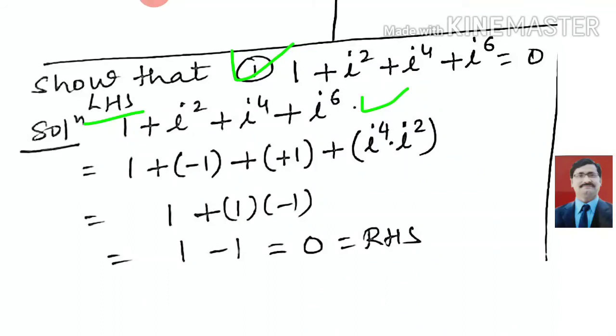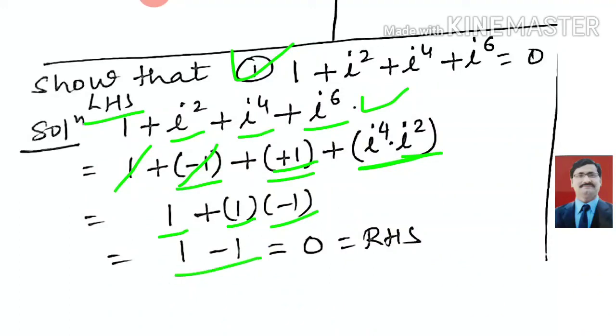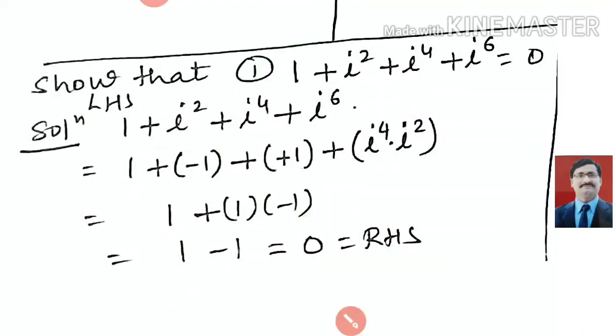Iota power 2 we write as minus 1, iota power 4 as plus 1, and iota power 6 we split as iota power 4 into iota power 2. The 1 and minus 1 cancel, and you get 1 as it is. Iota power 4 is 1 and iota power 2 is minus 1, so 1 into minus 1 is minus 1, so 1 minus 1 gives 0.